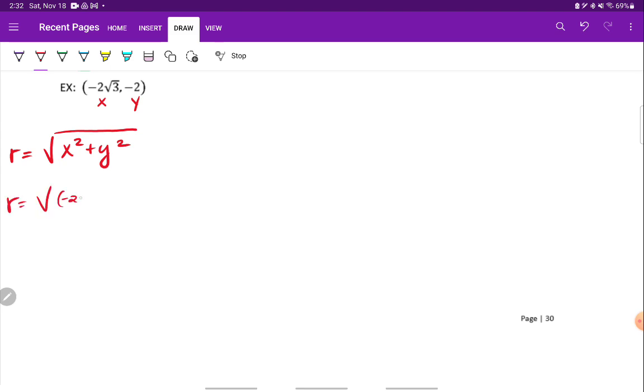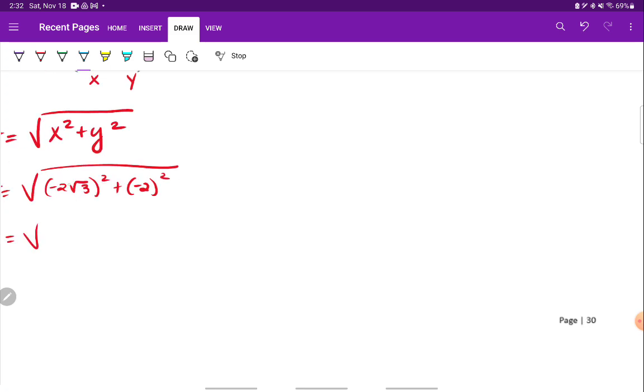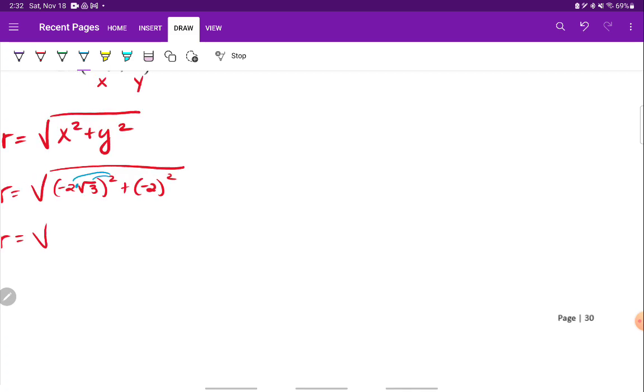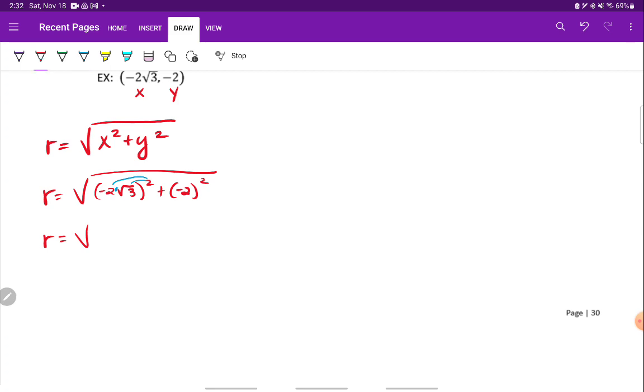So it's going to be the square root of negative 2 square root of 3 squared plus negative 2 squared. Because the operation between the negative 2 and the radical here is multiplication, we can just square the negative 2 and square the square root.